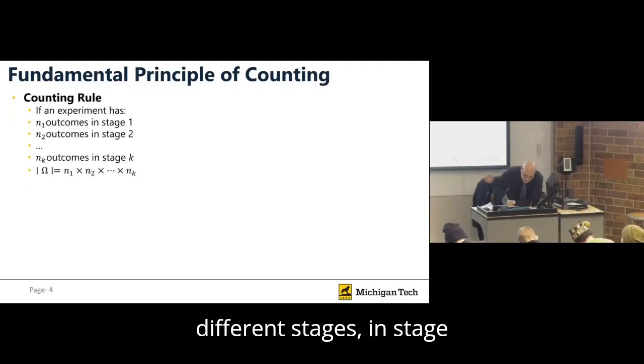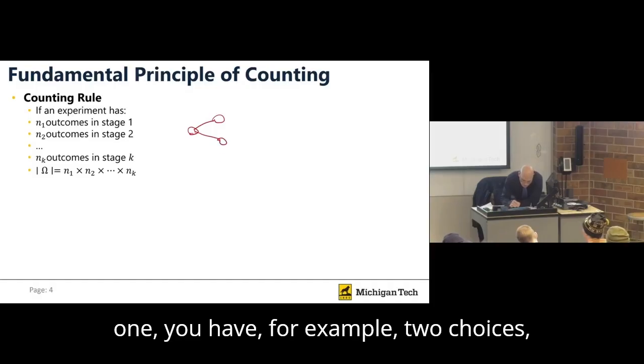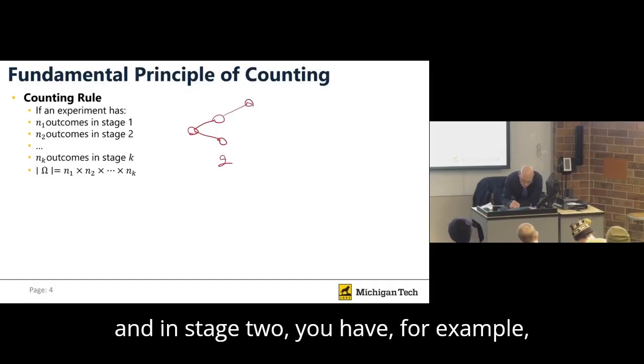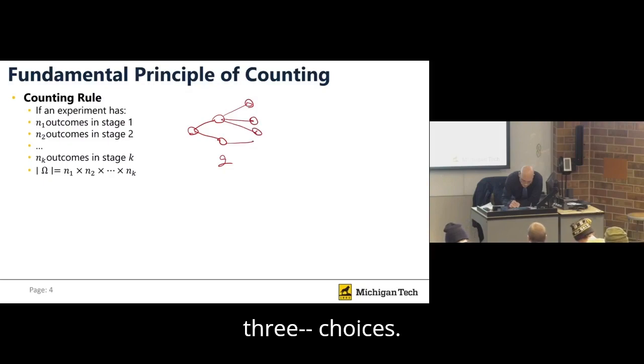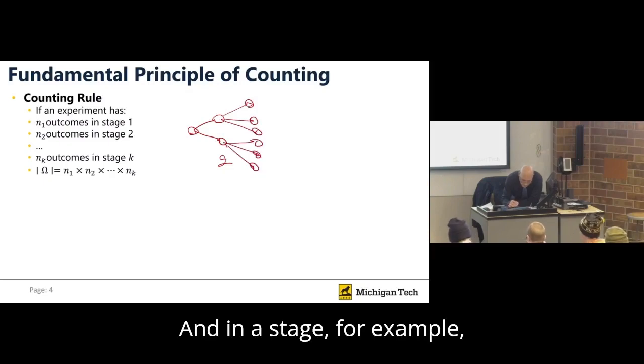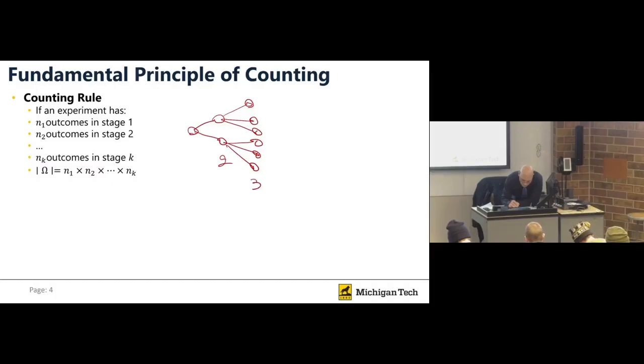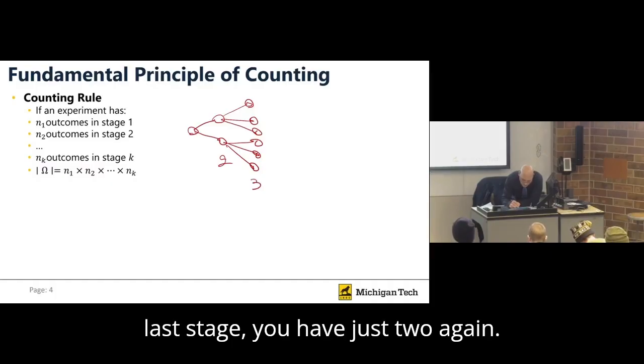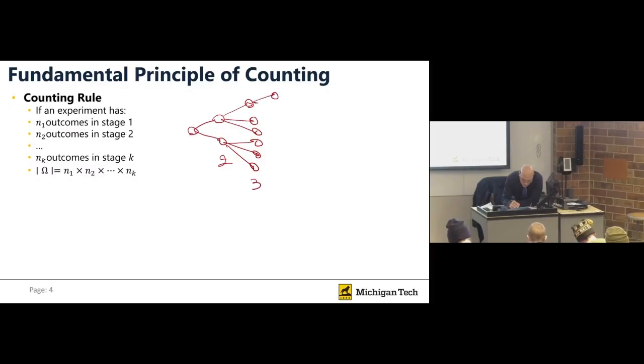If we have different stages, in stage 1, you have, for example, 2 choices, and in stage 2, you have, for example, 3 choices, and in the last stage, you have just 2 again.